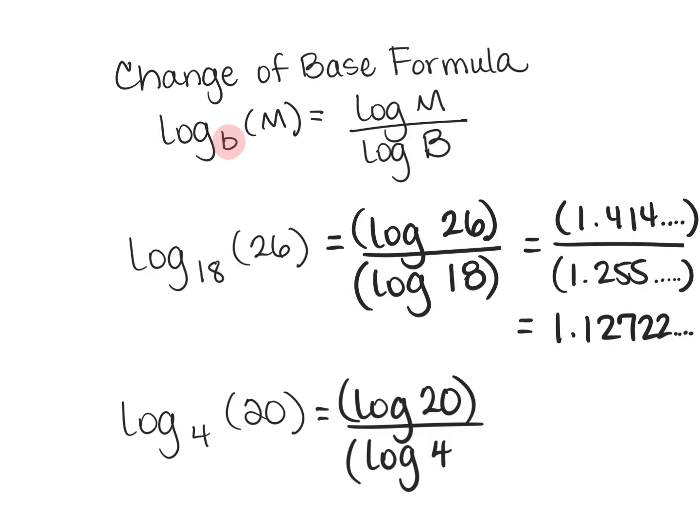Again, typing this in very carefully with parentheses, we would have log of 20, and then divide that by the log of 4. And we get a final answer of 2.16096... because it is longer. So if it doesn't tell you where to round, make sure you give it the entire decimal. If it does tell you where to round, be very careful to do so appropriately.